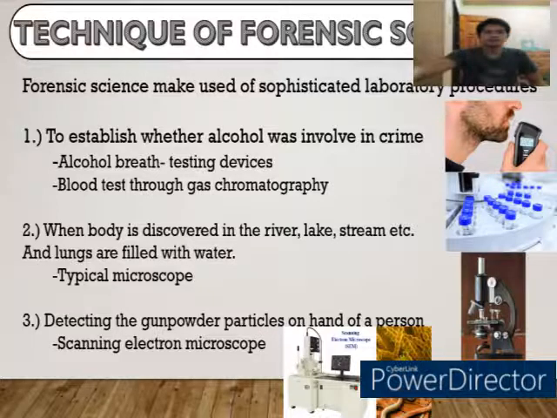Next, to establish whether alcohol was involved in a crime, we can test the blood through gas chromatography.